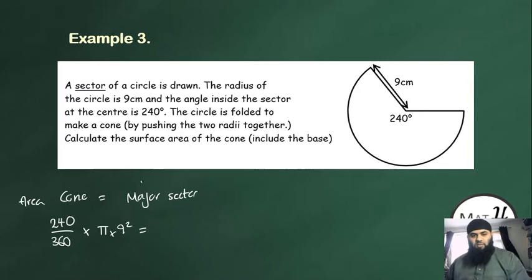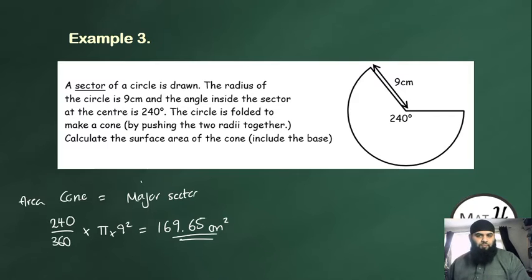That should give us an area of 169.65 centimeters squared. So that's our area of the cone itself.